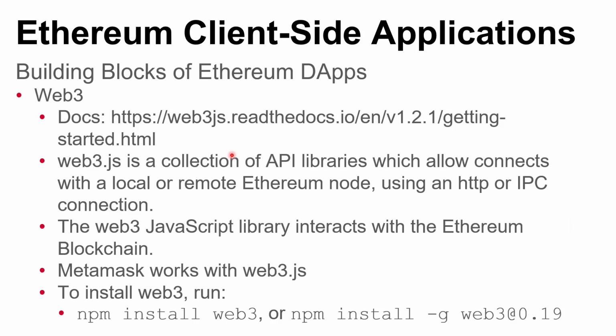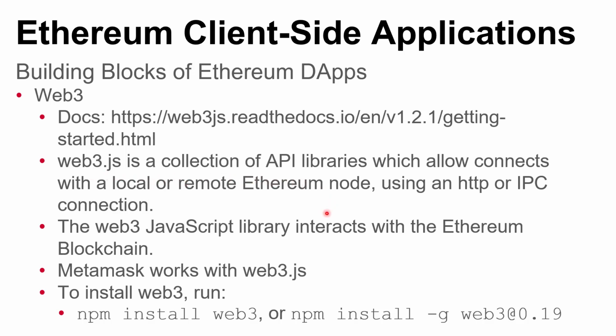Now, Web3. Web3 is a tool for Ethereum. There are these Web3 docs. Ganache is part of it, Truffle is part of it. We've all heard of Web, right? Web 2.0. Now there's Web3, which is really a set of tools for Ethereum, but it may be expanding to other blockchains.